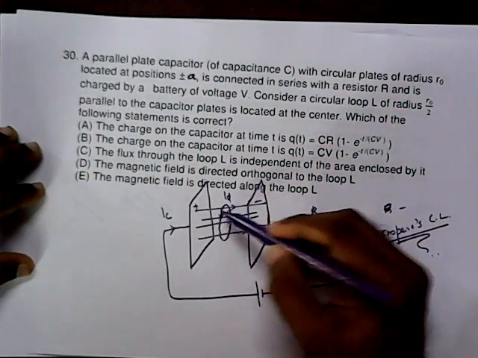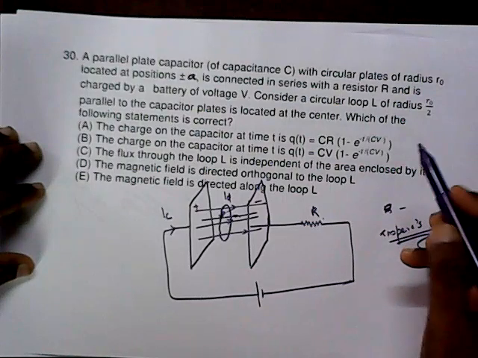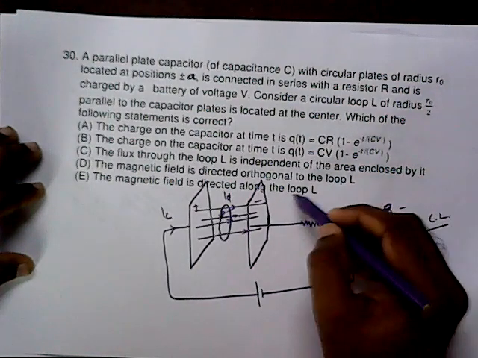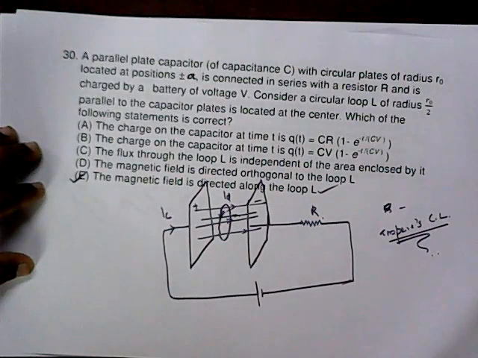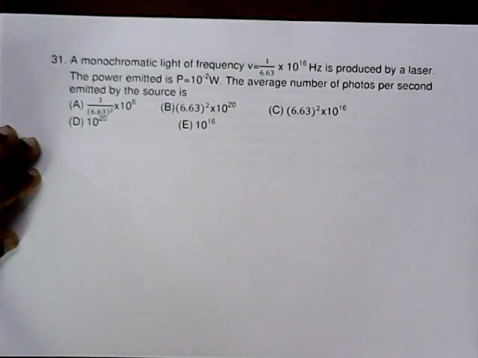So this is the structure. We can say the magnetic field is directed along the loop L. So E is the answer. That is a very important concept. Here the next one, number 31.